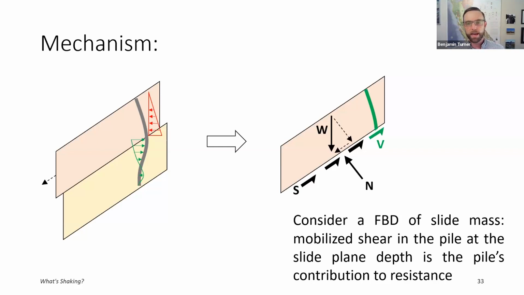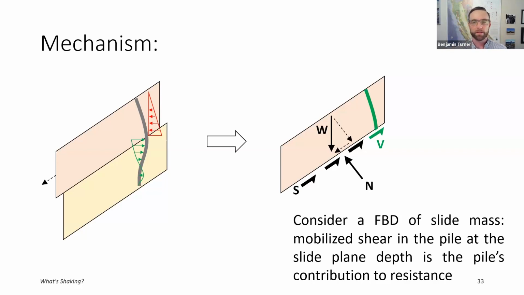If we represent that as a free body diagram, which is really the backbone of the so-called method of slices or limit equilibrium slope stability analysis, we have the internal body force, that's the self-weight of the slide mass, which can be resolved into parallel and perpendicular components along the base of the slice, where we have a normal force that provides confinement, and then a shear force or stress, which is the resistance of the geomaterial, the soil or rock there.